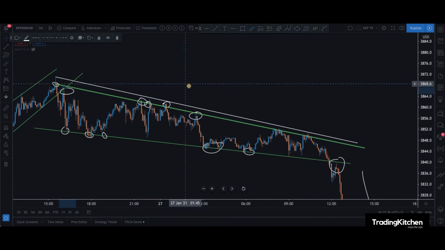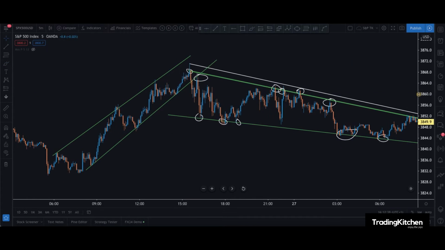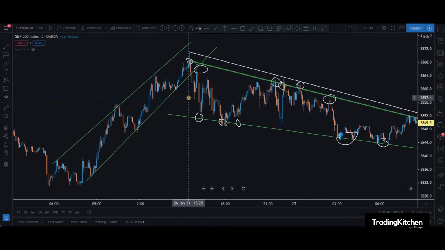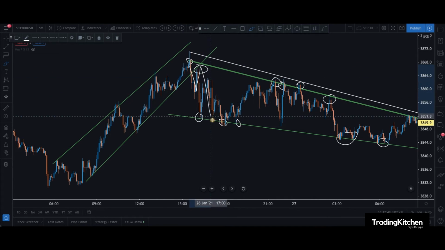Never, well, I can't say never, but I don't enter on the breakout. Don't trade this one, but I wait for the retest, and then I enter here. Sometimes price doesn't retest the channel.